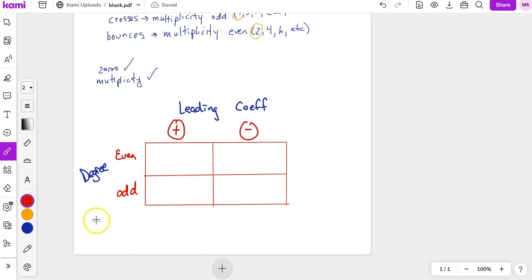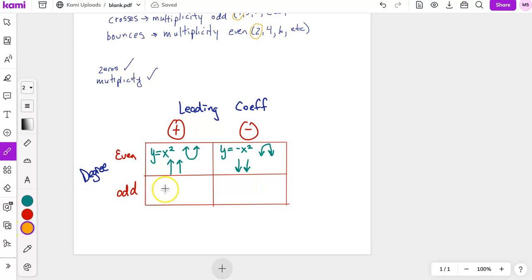This is something you need to memorize, but it's easier than memorization if you just think about a positive even graph looking like y equals x squared, because that's a positive even. That's a parabola. And if you know what a parabola looks like, you know that the end behavior is up, up. Then if you think about a negative parabola, that just flips the parabola down. So that looks like this. And that's going to have end behavior of down, down.